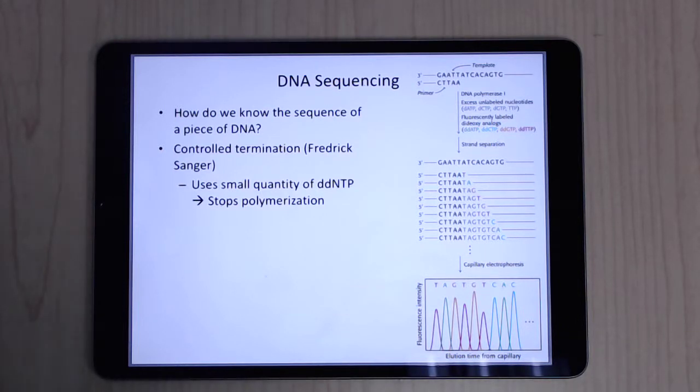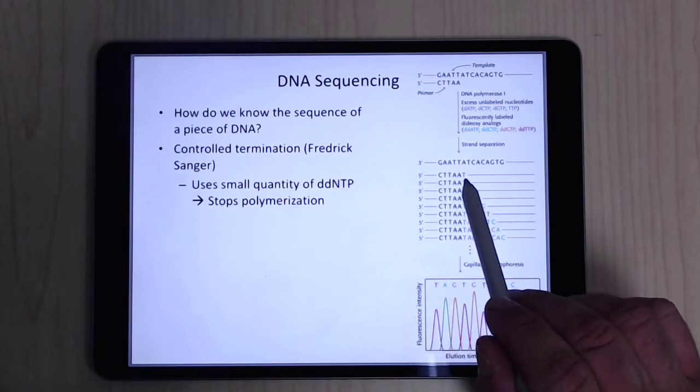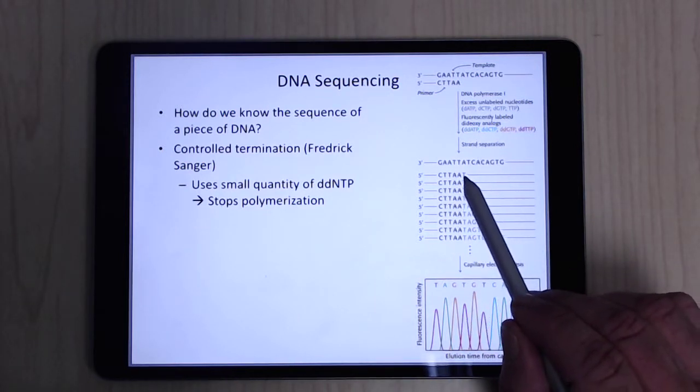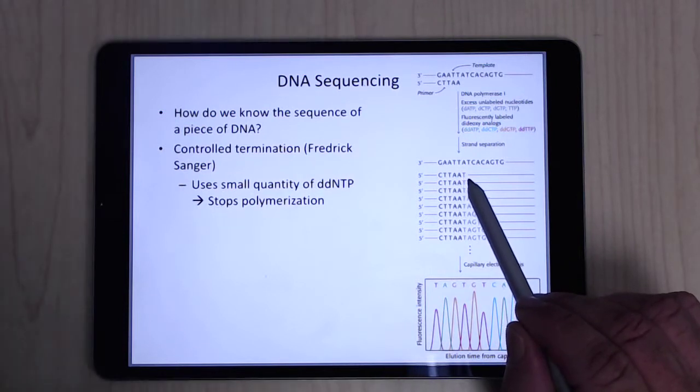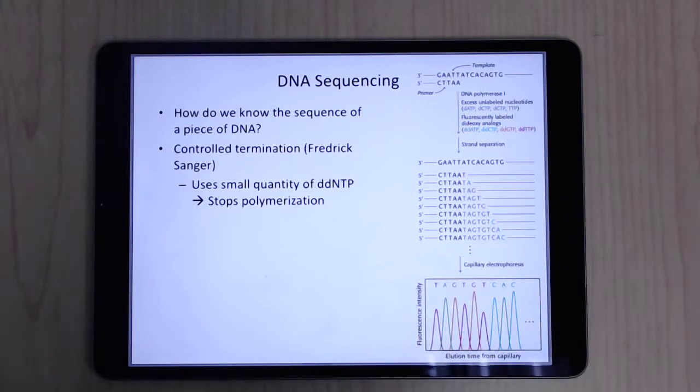It's also fluorescently labeled. The polymerase will come in and start extending out the chain, and if it accidentally adds in this one here, the chain is going to stop because there's no 3' hydroxyl to move that chain along.